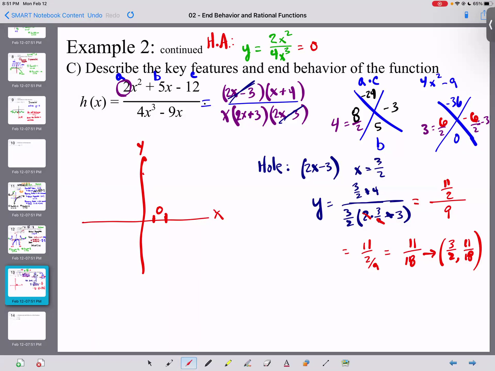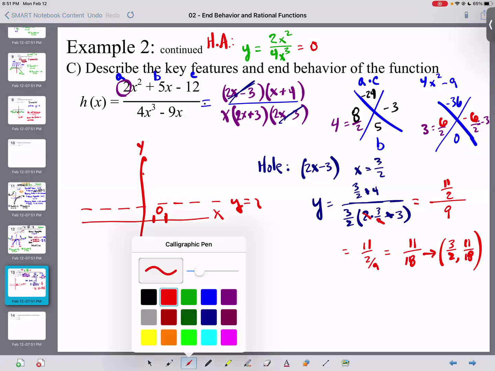Now we already said at 1, we're gonna have a horizontal asymptote. Let's go ahead and add that. That's y equals 1. We have a horizontal asymptote. And I have 2 vertical asymptotes.